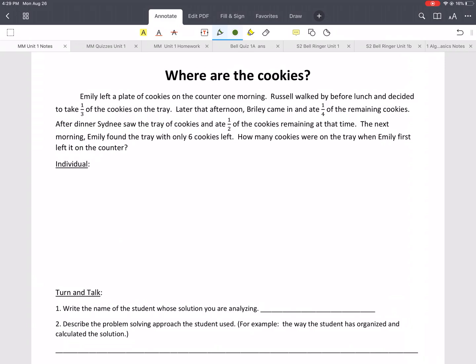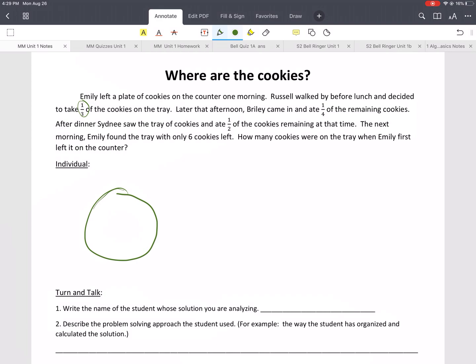So Emily has a plate of cookies on the counter in the morning. We don't know how many she had when she started, but we do know that Russell walked by before lunch and decided to take 1/3 of those cookies. All right. Later that afternoon, Brindley came and ate 1/4 of the remaining cookies. So not 1/4 of how much was already taken. So for example, if we had this, let's just cut it into 1 cookie.